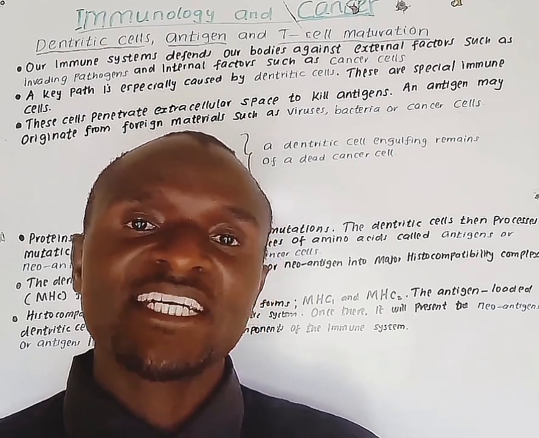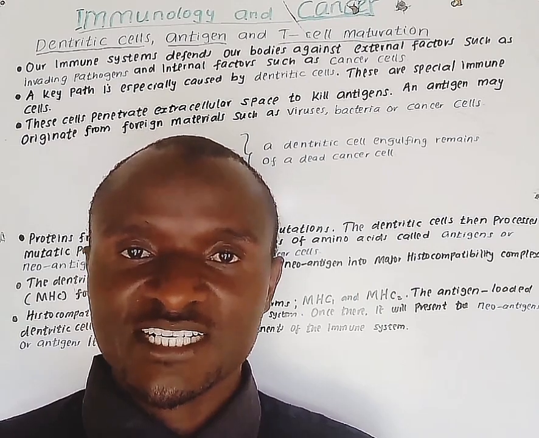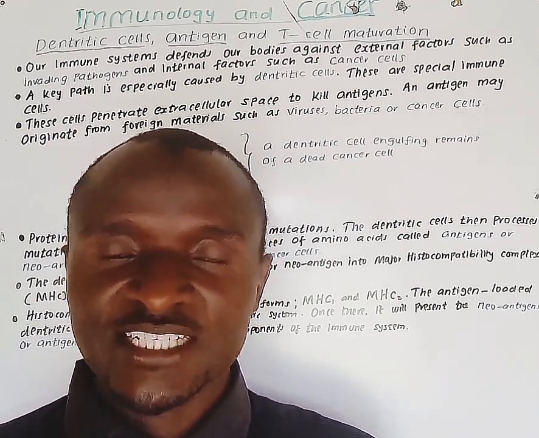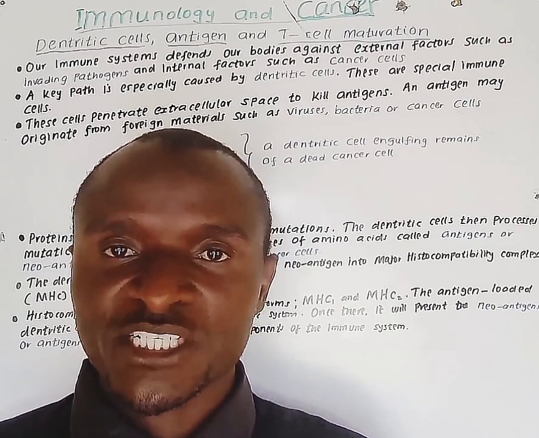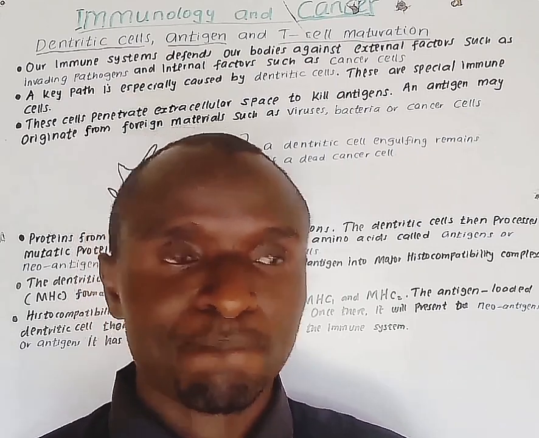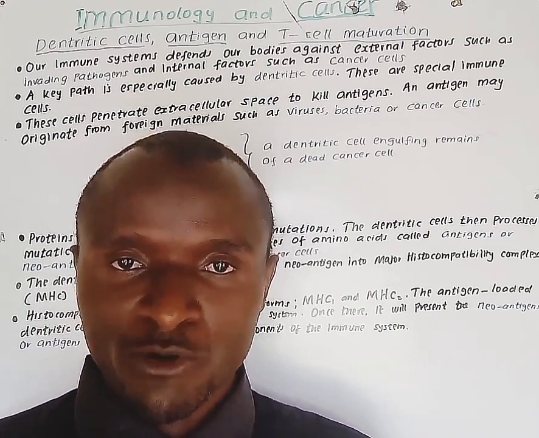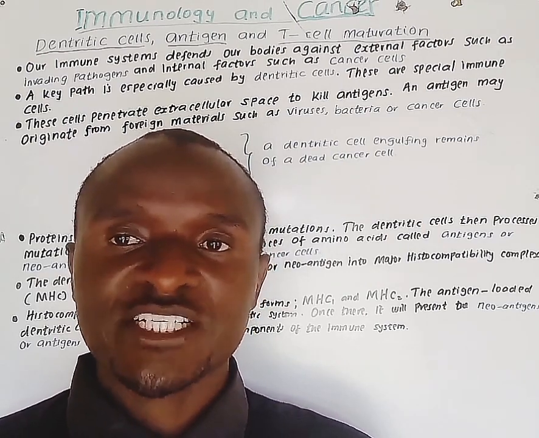So when a dendritic cell ingests proteins from cancer cells, it manufactures short sequences of amino acids known as antigens, or neoantigens if they originate from cancer cells. The cell then loads this antigen into the major histocompatibility complex. This refers to protein molecules that are found on the cell surface.